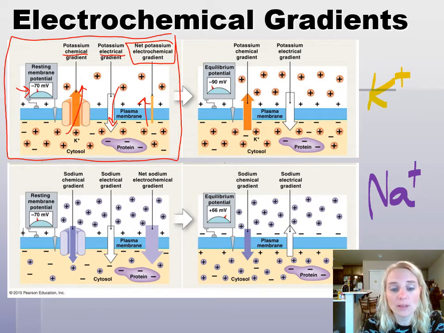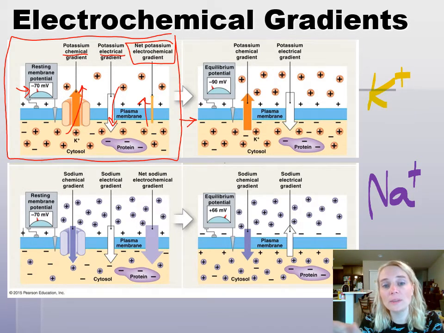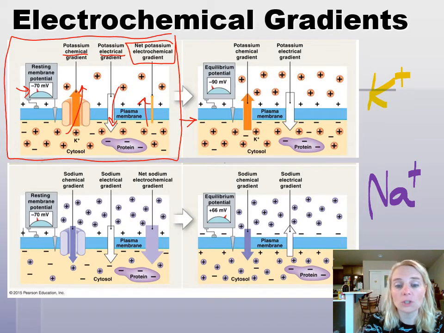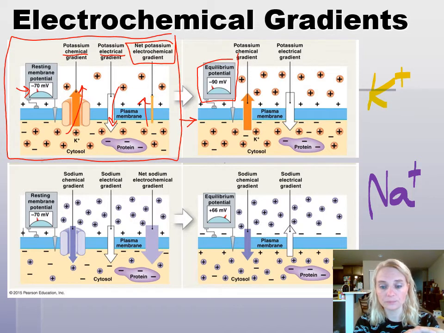That's what they're trying to show you in the second picture: with the membrane completely permeable, which would never happen completely, if we opened the membrane, potassium would leave so much that look what happens to that transmembrane potential. We would lose enough potassium to make it go from a negative 70 at rest to even more negative, because we're losing positive charges.